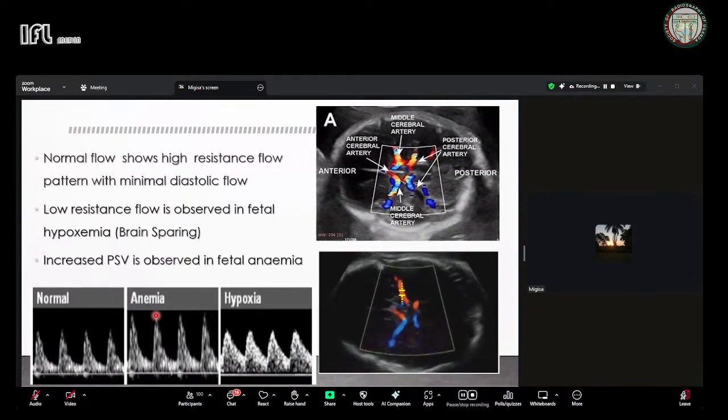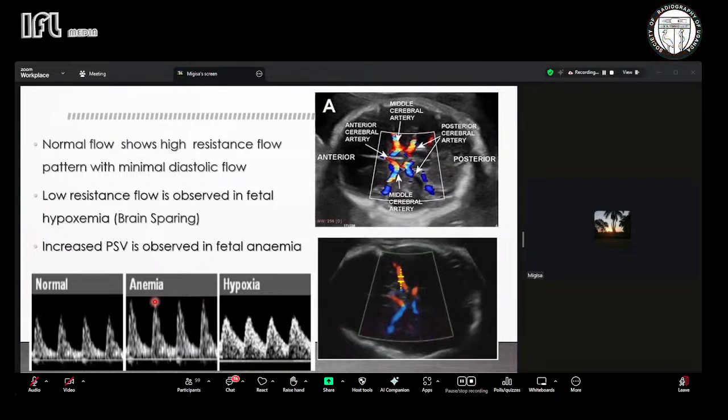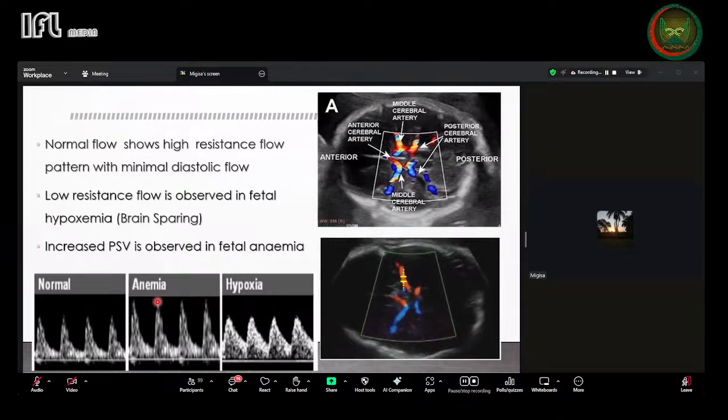You're going to have the red blood cells in the fetus reducing, the number of red blood cells will reduce. Then the blood viscosity will also reduce. So in return, you're going to have increased venous return and also increased cardiac output. So as this heart is trying to pump harder to compensate for the less oxygen, the PSV is going to rise.